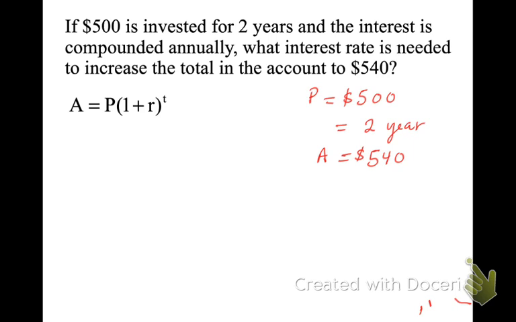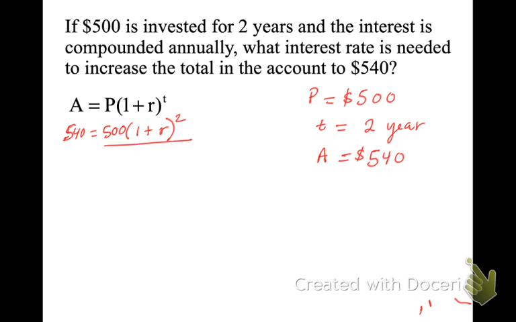And 2 years is my time. So the only thing that's missing is R. Once I substitute in, 540 is equal to 500 times 1 plus R, to the second power for 2 years.